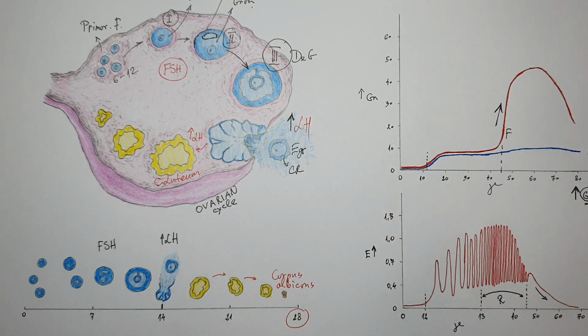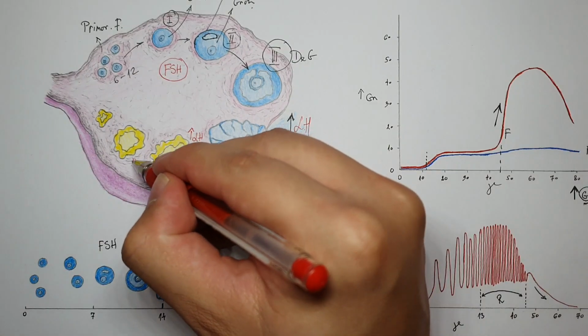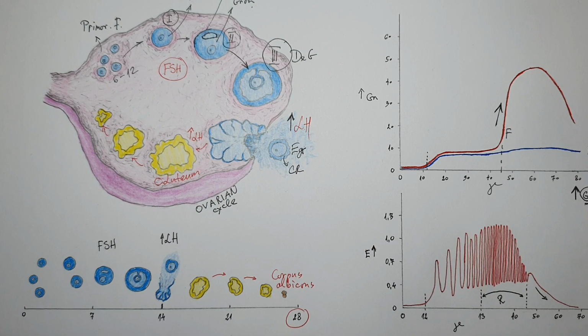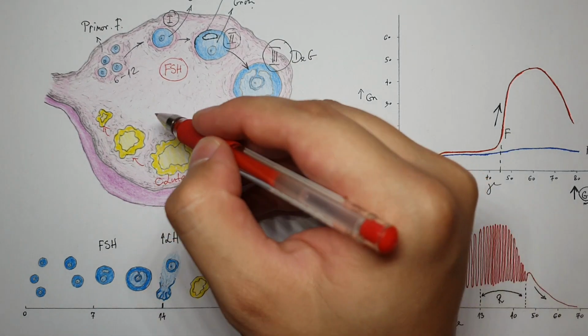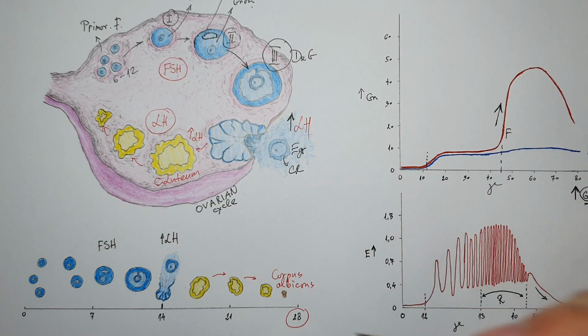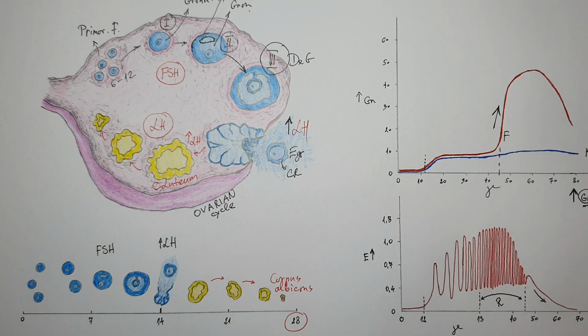And if there was no implantation of the egg, the cycle will begin again. So if there is no implantation, then everything starts again. So these are the changes and the explanation how this works in the ovaries. What are the changes in the ovaries?